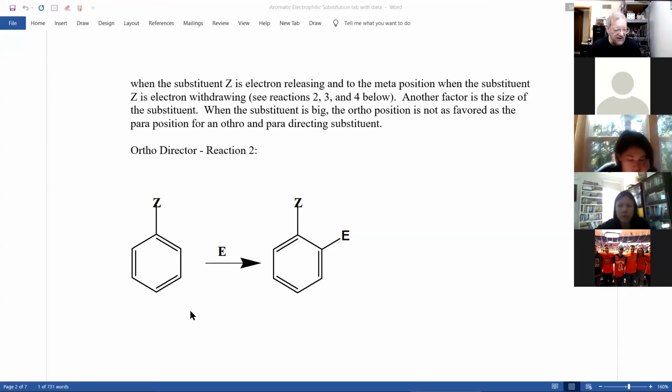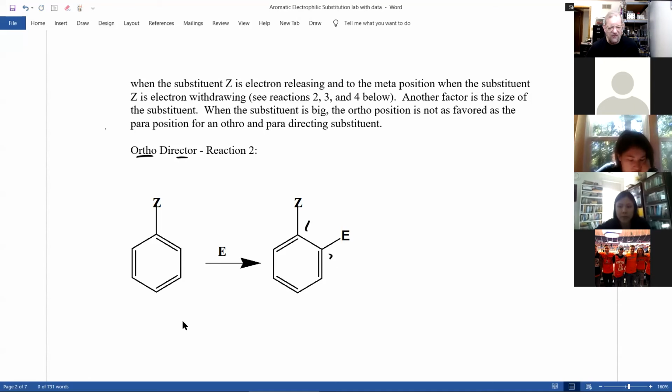Now, if there's a group on a benzene ring, due to electric forces, stabilization forces, and resonance structures, which I'm not going to teach you in this class, the Z group tells the incoming E group where to go. Where can it go? One place is the ortho position, and you have an ortho director.